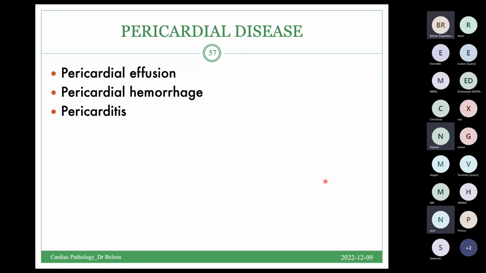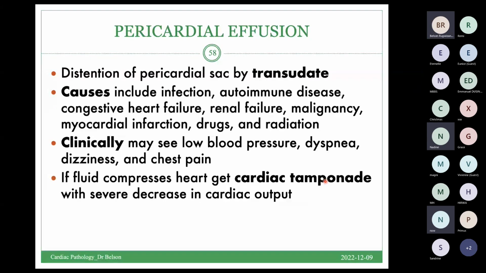So effusion, it is usually transudate. I hope you remember the difference between transudate and the exudate we saw in inflammation and edema and so on. So transudate, it is poor in proteins.